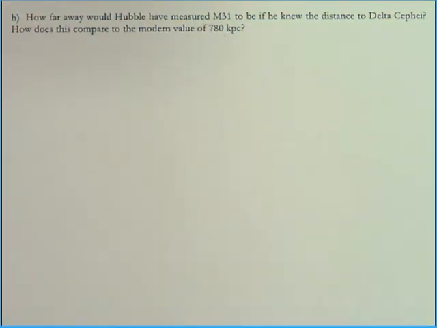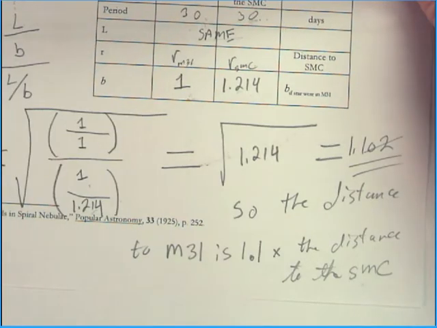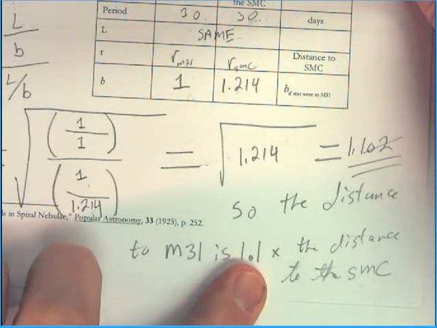Well, recall from the part with Hubble that Hubble thought that the distance was 1.1 times the distance to the SMC.